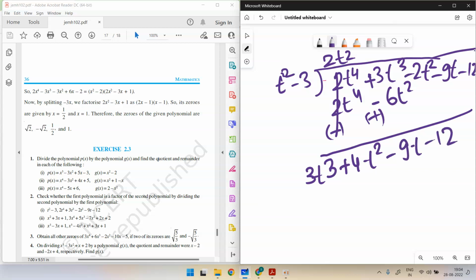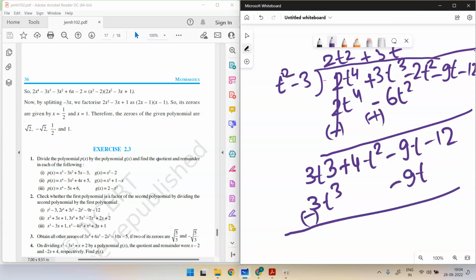Now for t square, 3t cube, we will multiply by 3t. This is 3t cube minus 9t. If you subtract this, minus this plus, this gets cancelled, this is cancelled. There is 4t square minus 12.